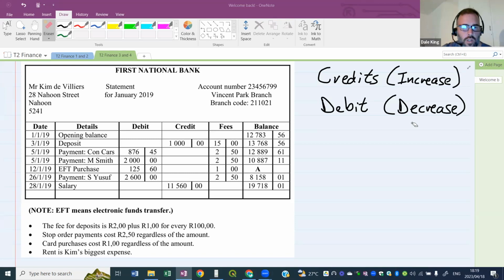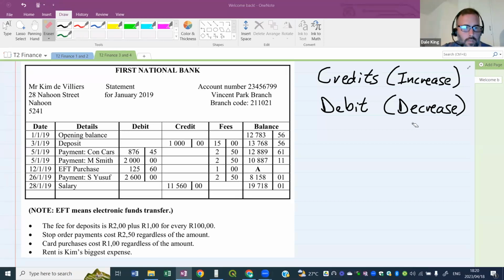We can see a purchase of 125 Rand 60 was made. And in the fees column, there's your fee for your purchase, 1 Rand. So it was 1 Rand to purchase something at the shop there. That's what that line means. Purchase at a shop or something, and it costs you 1 Rand, no matter how much your item cost.